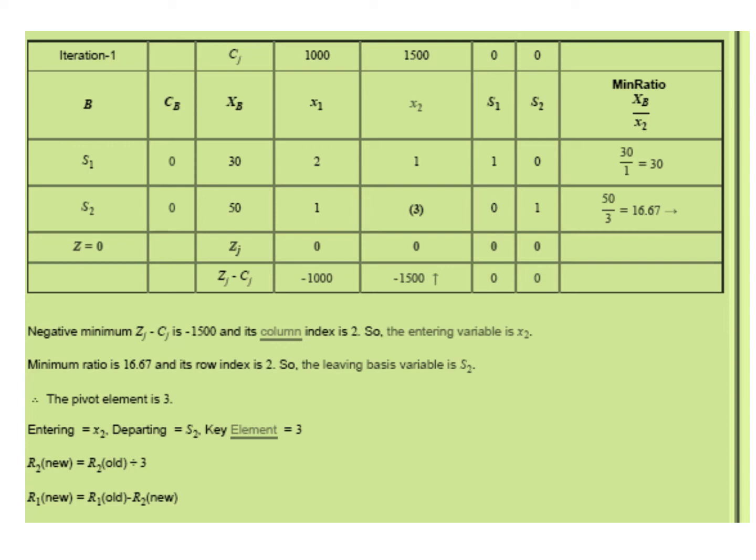The next step: since your exiting variable is S2, the second row will be the first row to be affected. That is row 2 new. The new row 2 will be formed by dividing the old row 2 by 3, the key element. And the new row 1 is formed by subtracting the new row 2 from the old row 1.